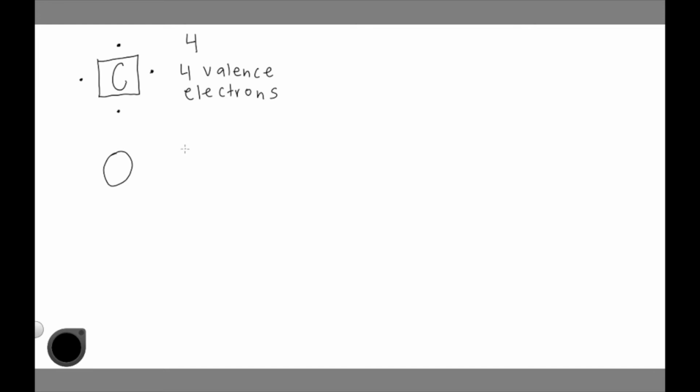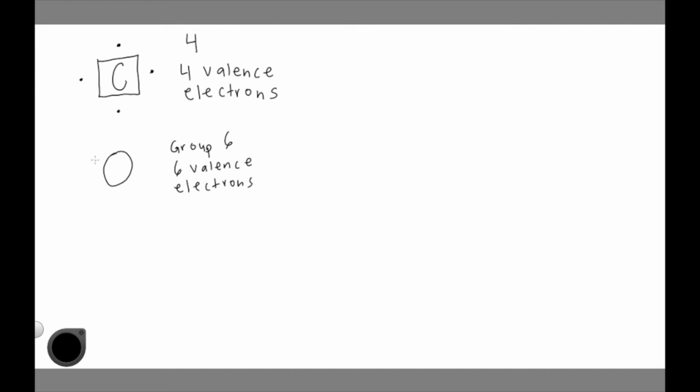If you look at a periodic table of the elements, you will see that oxygen resides in group 6. So we know that oxygen is going to have 6 valence electrons, so 6 electrons in its outermost shell.